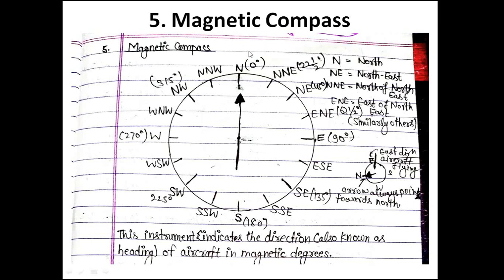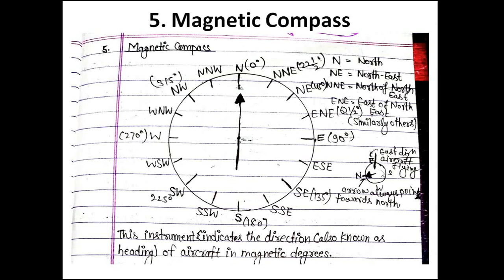Now if you don't know how to remember the direction, a very simple acronym, NEWS, is used. N for north, that is at 0 degree, east 90 degree, west 270 degree, and S means south, which is 180 degree. In between north and east at 45 degree you get northeast, and in between north and northeast you get north northeast, NNE, 22.5 degree.